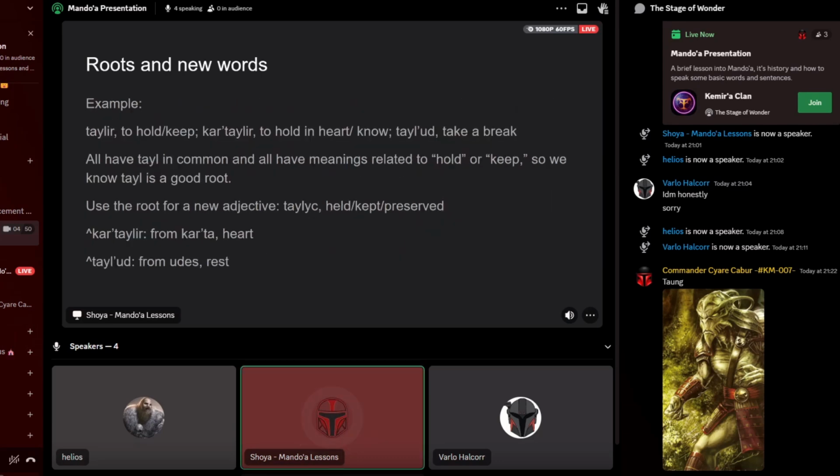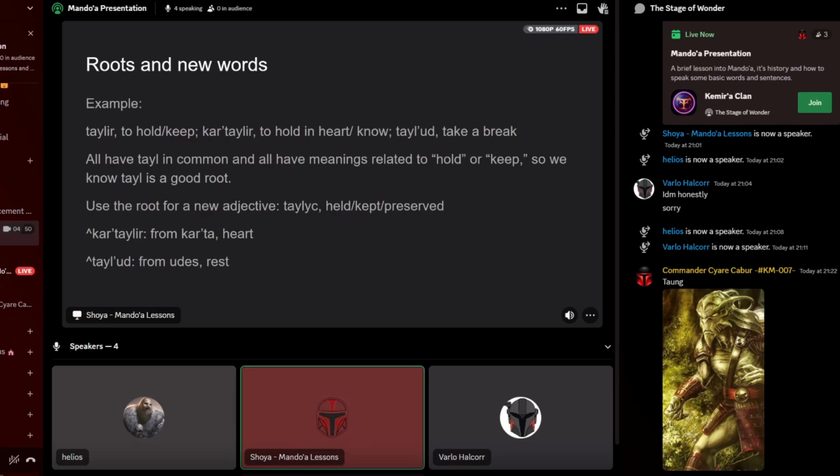Yeah. So here's an example of an etymology or a word family. Tailir is a dictionary word that means to keep, to hold, or to preserve.